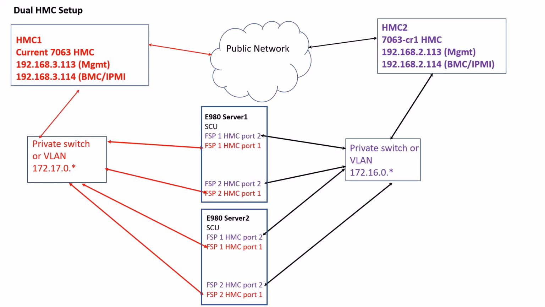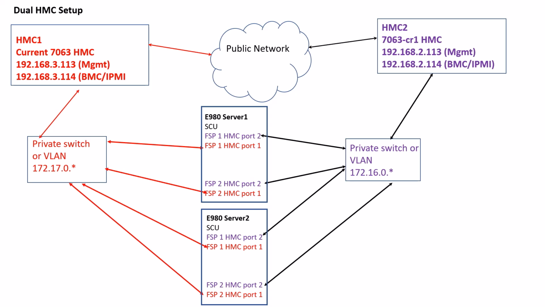So this is an example of a redundant HMC setup, and you can see that the HMC that's in red is using one private IP range, and it actually happens to be on a different management network, but it doesn't have to be. It's connected to the FSP1 HMC port 1 and FSP2 HMC port 1 on each server.